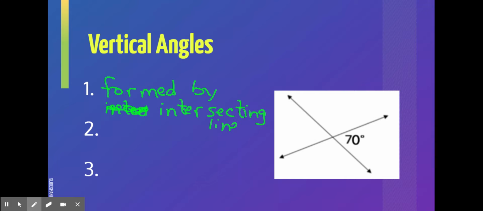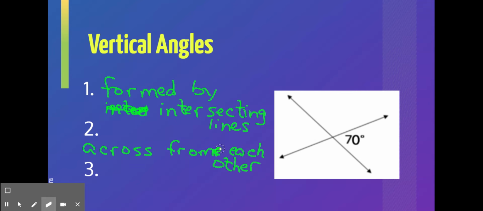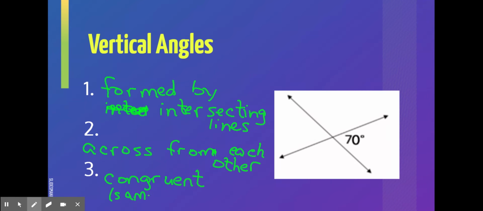They have to have 2 lines that intersect, and vertical angles are across from each other. They're across from each other, and they are congruent. And if you'll recall, congruent means the same size and the same shape. So they have the same measure.